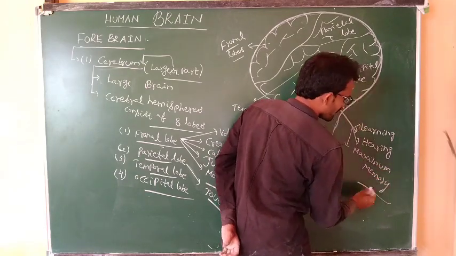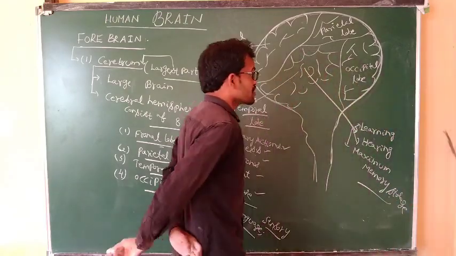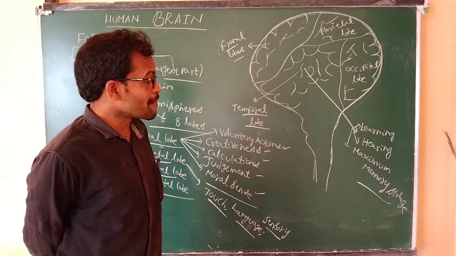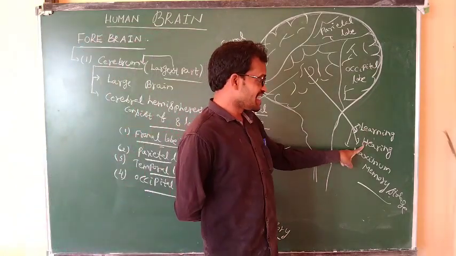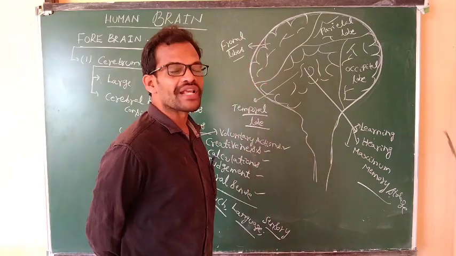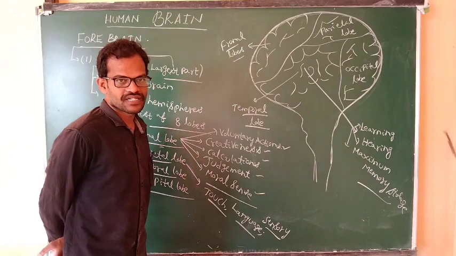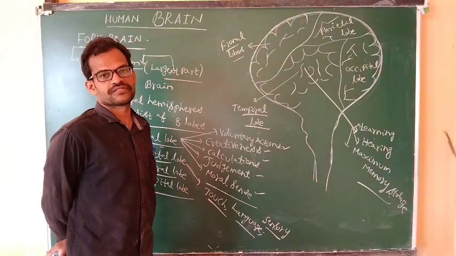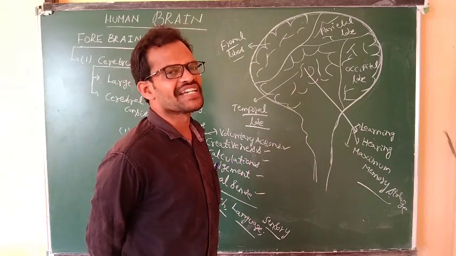The maximum memory storage is in the temporal lobes, and it is also helpful for sexual desire activities.